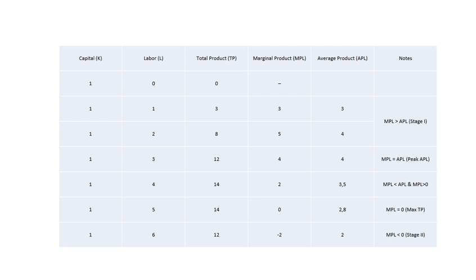Let's start with the first stage. The first stage starts from the beginning of production until MPL equals APL, which means that in the first stage MPL is greater than APL. Here we see MPL equals 5, which is greater than APL, which equals 4.